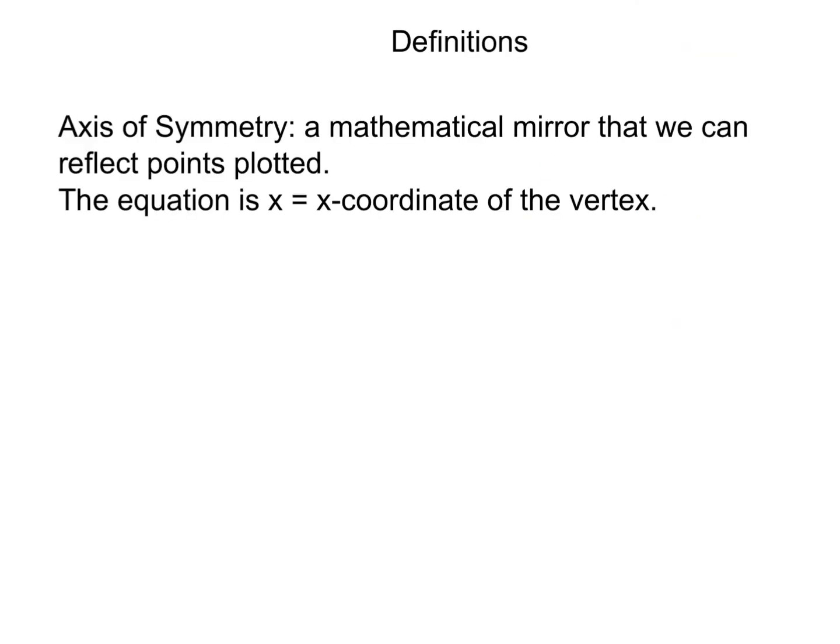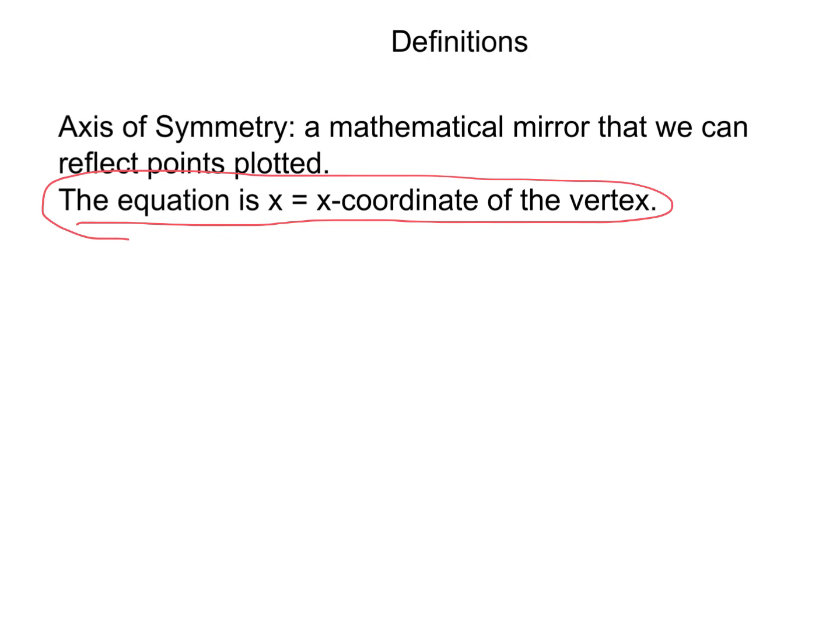Alright, now, we do have some definitions that you're going to need to know when we're doing this. Some of these terms we've already gone over before when we did the absolute value equations. So like the axis of symmetry acts like our mirror. But the new feature is we need to know the equation of the axis of symmetry.